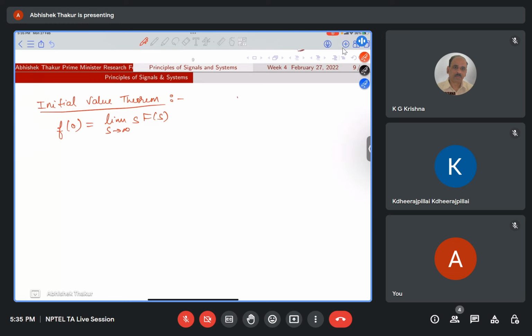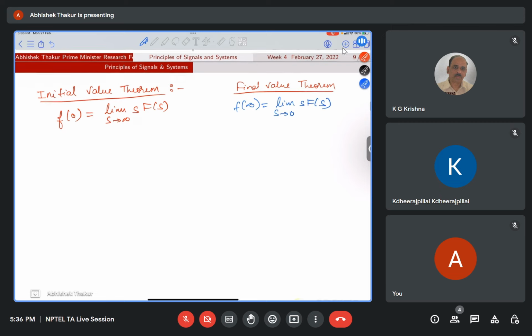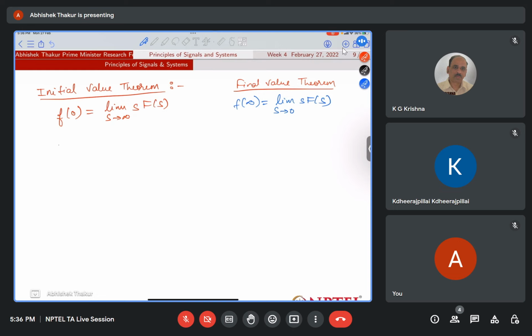And similarly, there is the final value theorem. In this, if we have to find f of infinity, it can be found as the limit s tends to 0 of s into F(s).